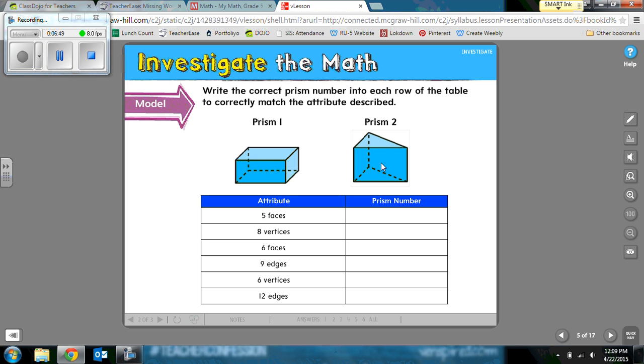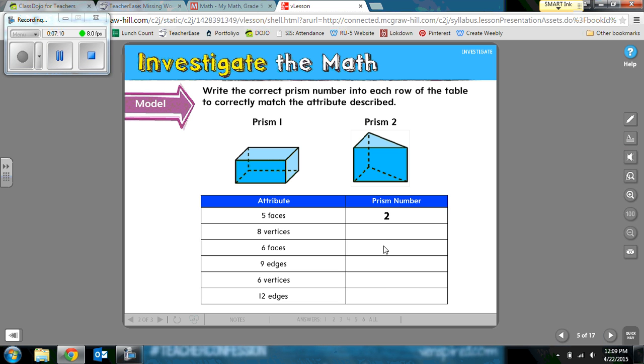If I look, this one has 1, 2, 3, and then 4 on top, 5 on bottom. So the prism number would actually be 2, prism number 2. If I count this one, it has 1, 2, 3 on back, 4 on side, and then 2 on top and bottom. So it actually has 6. So that one we wouldn't be able to count.